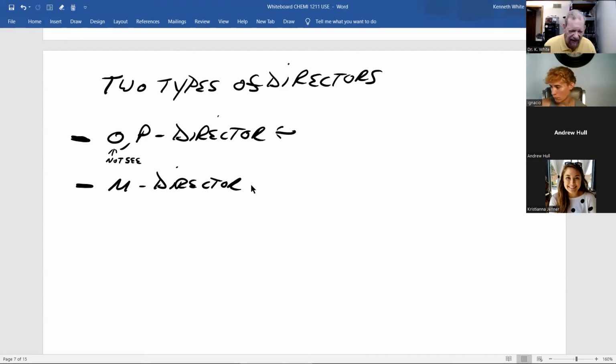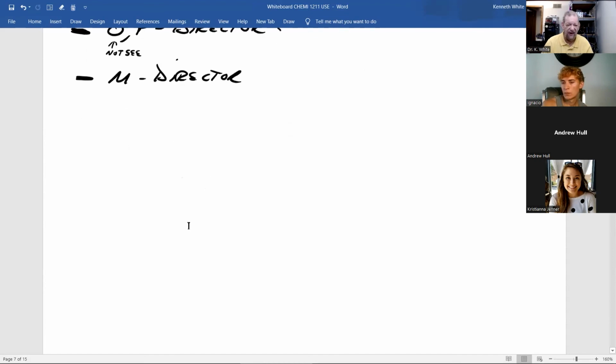I'll say that again. Sometimes when Z is real big, it blocks the ortho position, so you'll only get para, and it's still called an ortho-para director. If it goes to the meta, it's a meta director. In this lab, you're going to find out, is bromine an ortho-para, or is it a meta director?